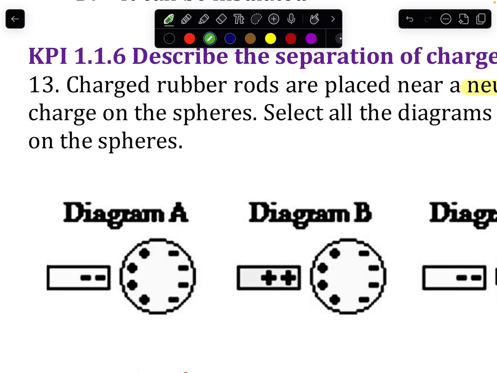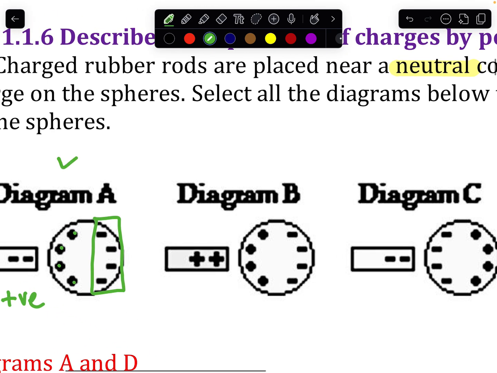A, here you have a negative rod, here it is negative. Onto this side, on the right, electrons were repelled, leaving positive, positive, positive. Excuse me, I have 4 electrons and 4 positives. So this makes it neutral. So A is okay.